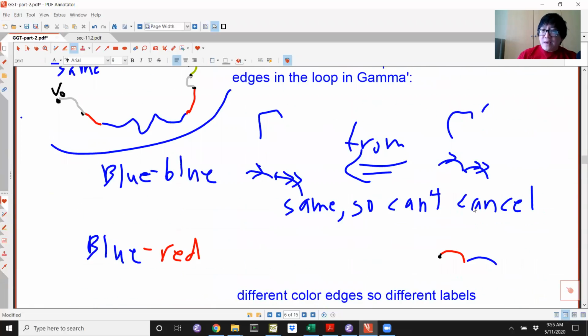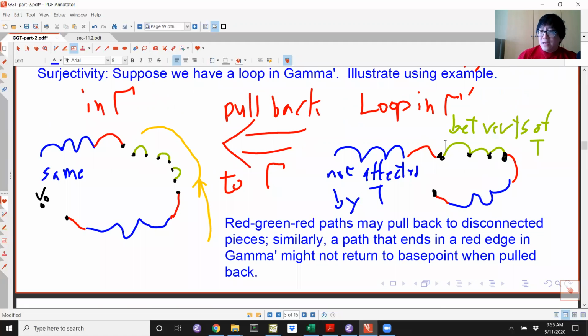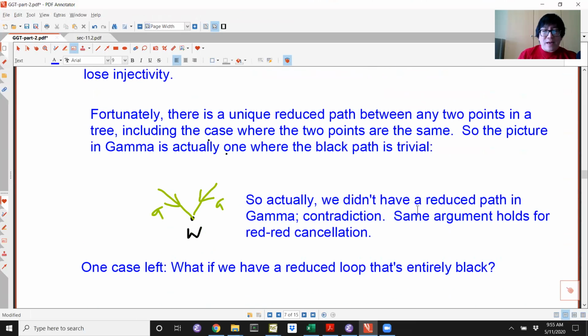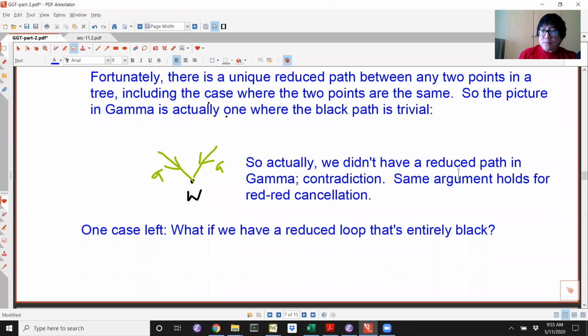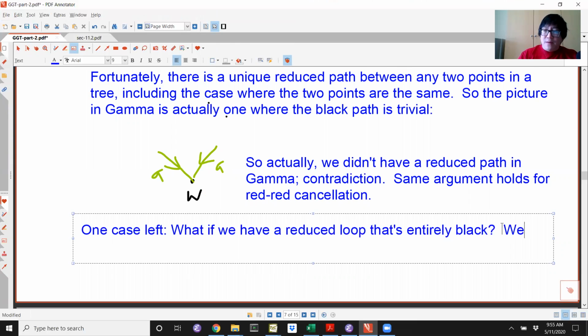Right, because the fact that we have a non-trivial image in gamma prime means that we have to have some edges that aren't black. Well, what if all the edges are black? Well, again, by the same argument, there's only one such path, namely the trivial path.